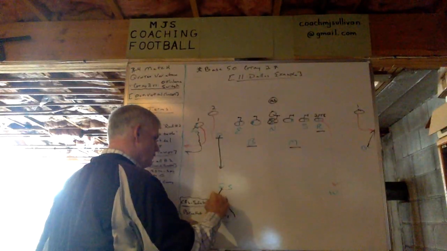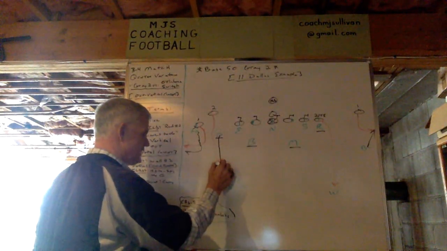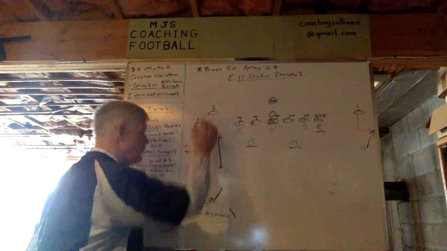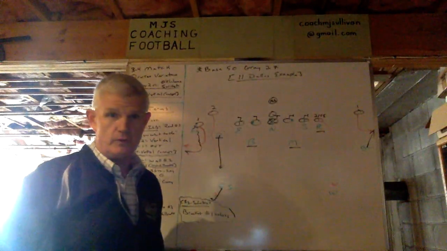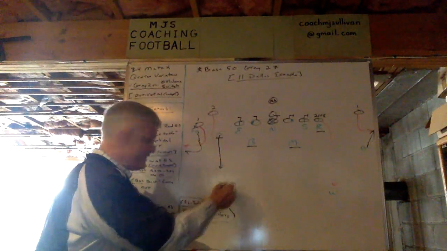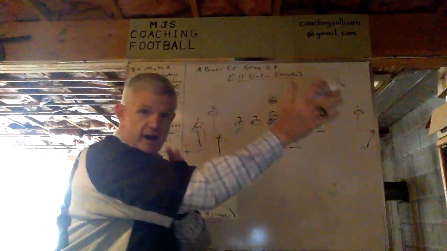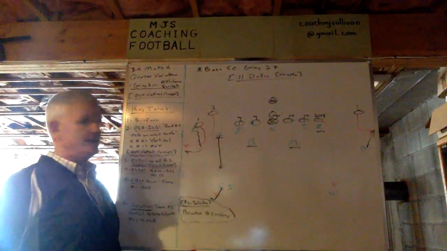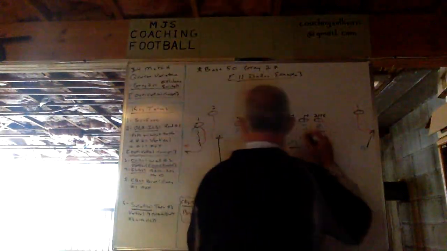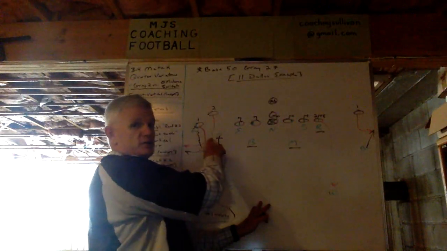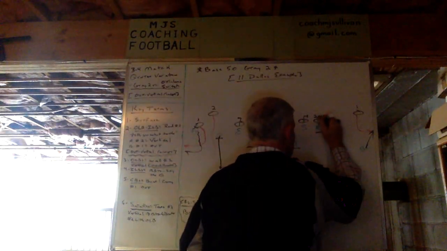He is going to work to the outside of number two, so we have the inside, outside bracket. High, low, bracket of number two. He starts at 12 yards. He's got plenty of time to cross the vertical tracks of number two. Plenty of time.